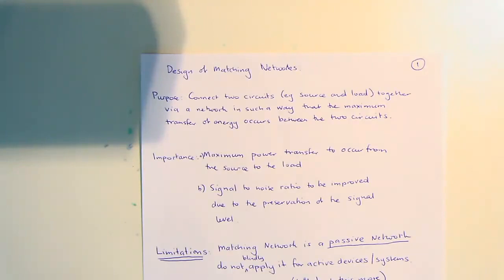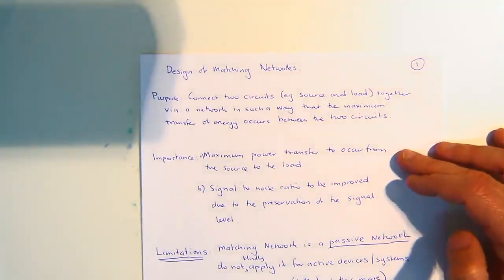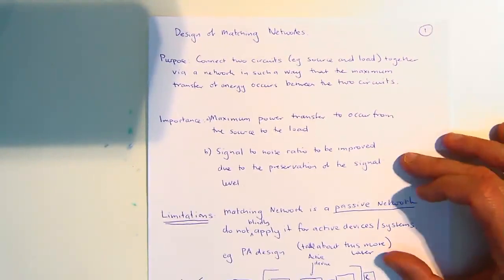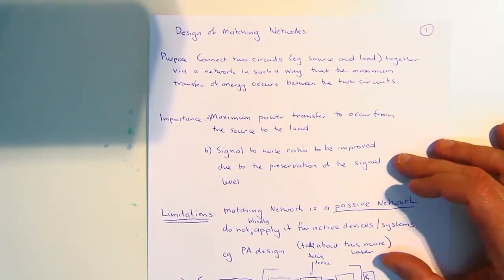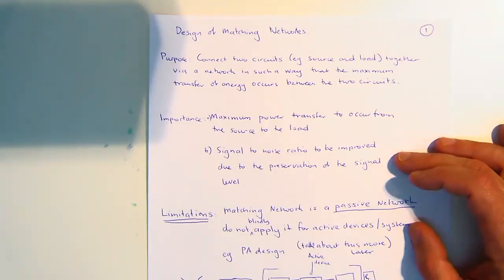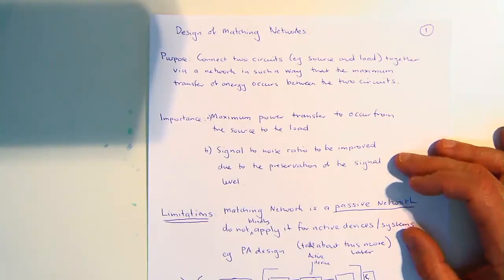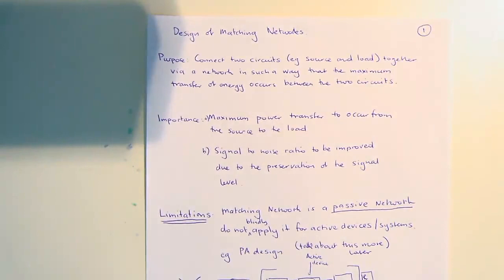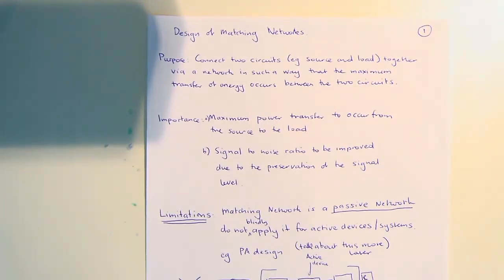The reason we do that is, of course, maximum power transfer, but also, for example, if you have a very weak signal and your antenna is connected to the input port of your TV, you want all the power that the antenna has been able to capture to go into the input port of your television in order to amplify it and get a good quality picture.